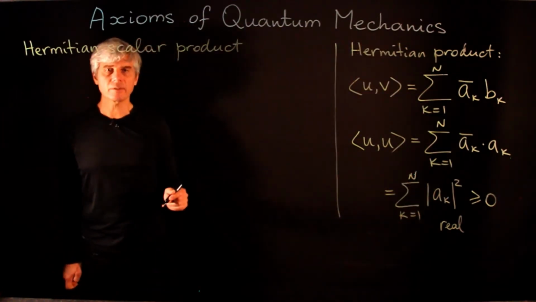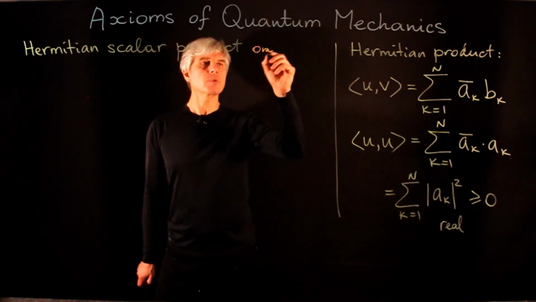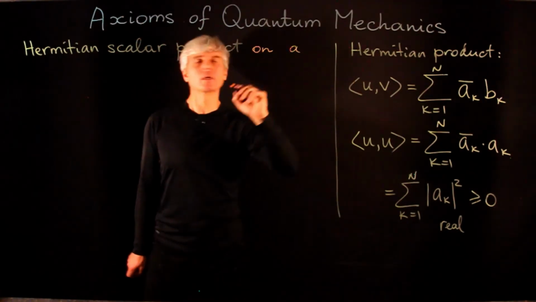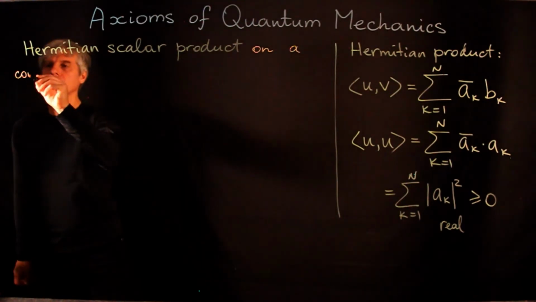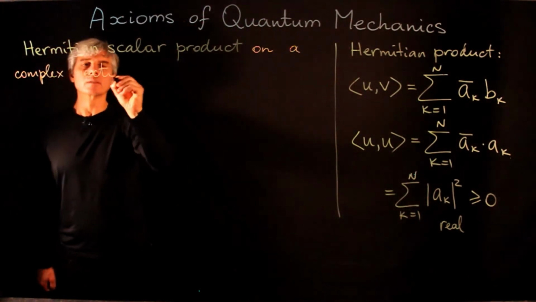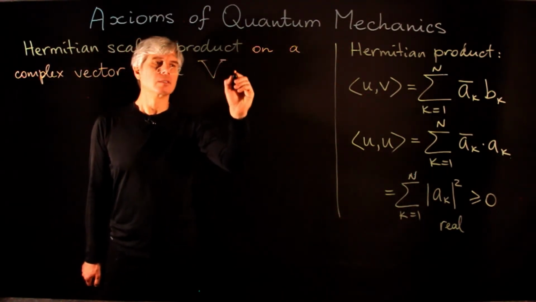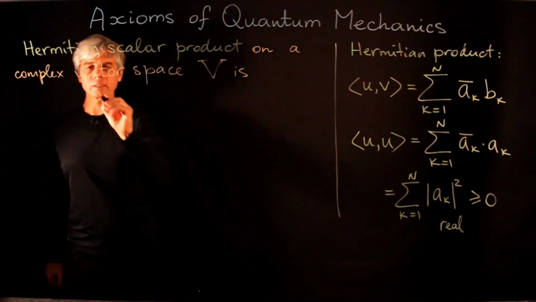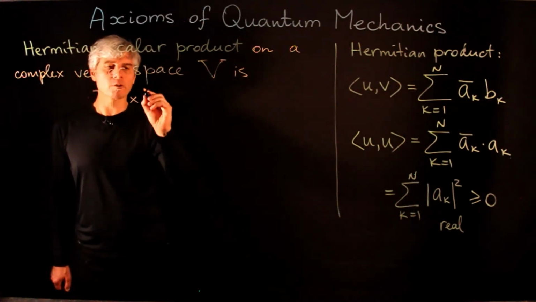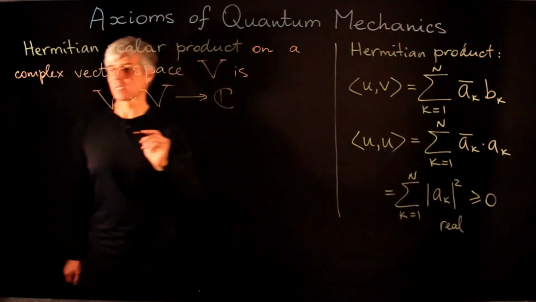Now let us give a formal definition of a Hermitian scalar product. So a Hermitian scalar product on a complex vector space V is a product with two arguments, so V cross V to the complex numbers, right?